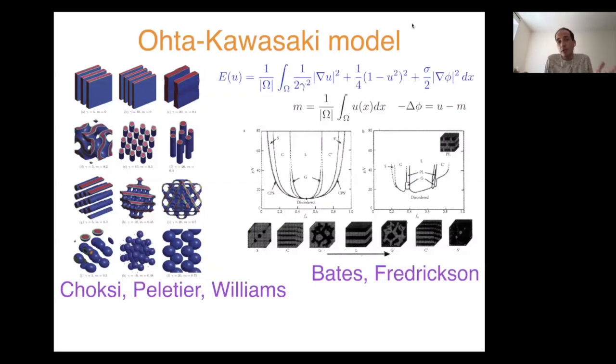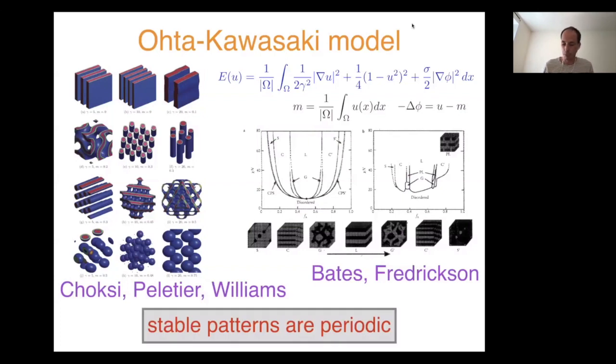It seems that even if you take boundary conditions that are not periodic, the patterns that are formed want to be somehow periodic. Okay, something that I will not be able to explain at all, but it is motivation for looking at periodic patterns.